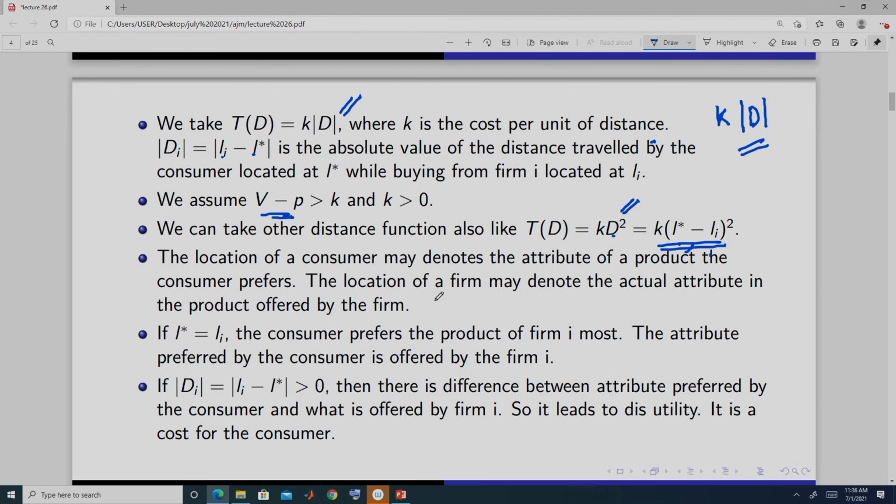But if it is matched, if your location and the location of the farm are the same, it means the attribute that you want in that product is the same attribute being offered by the firm. For example, you want a specific speed for your mobile phone, but the mobile phone companies are not offering that, they are offering something else.